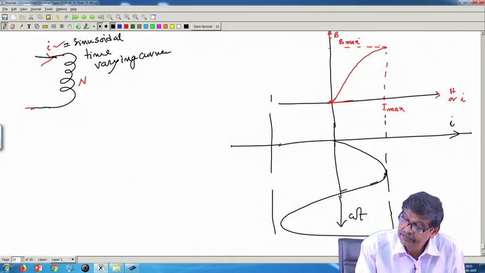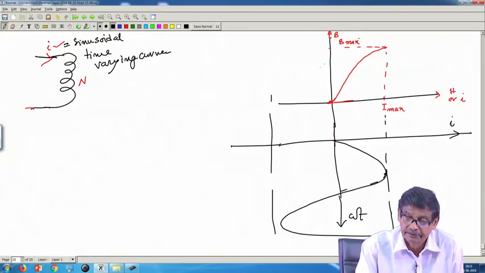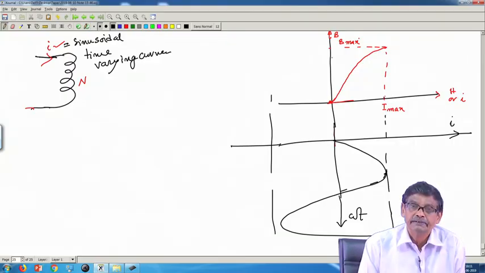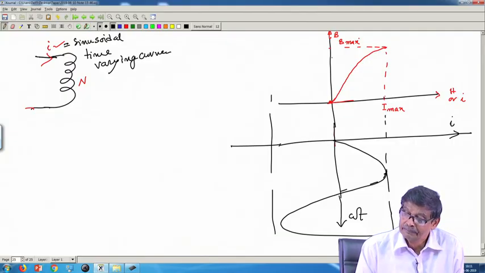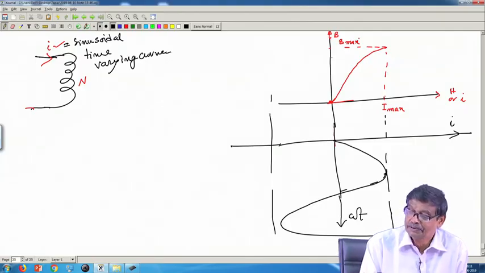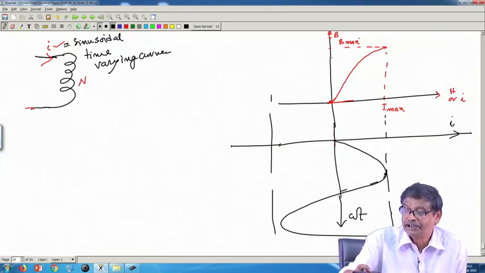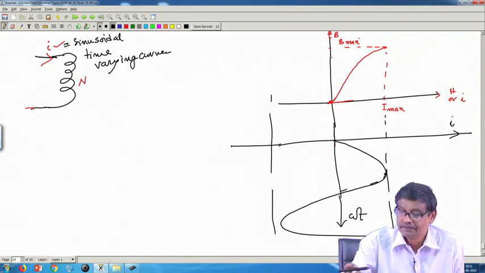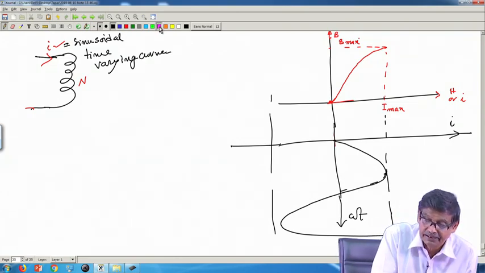Now, after this, the moment current starts decreasing, the BH curve does not trace back the same path through which it went. It will be in fact doing like this now.